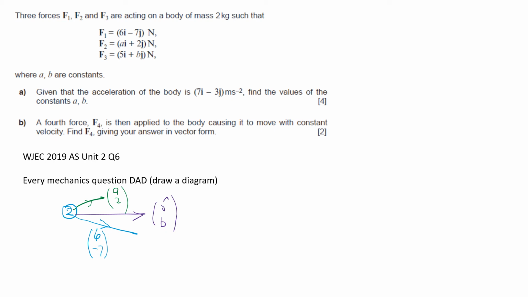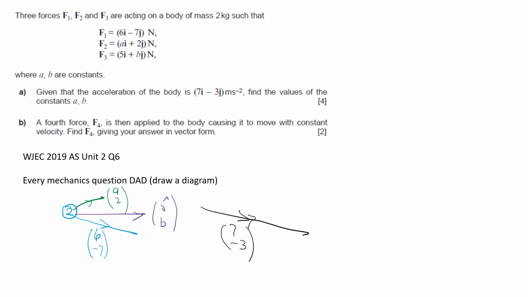I don't know how big a is, so I've just drawn it some length, ai. And my third force, F3, which is the 5i plus bj, I've just written as 5b, and I don't know whether it's going up or down. Doesn't really matter. I've just got this sense that they're all going in the same direction. Notice they've got to have a magnitude, so relatively easy, but I don't need that particular piece of information in this question.